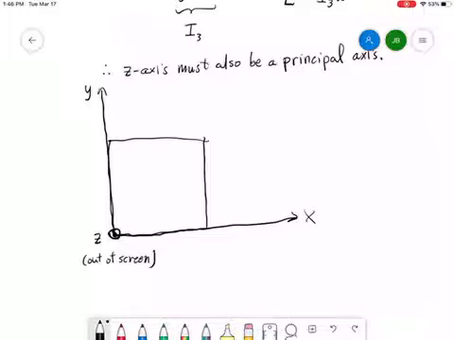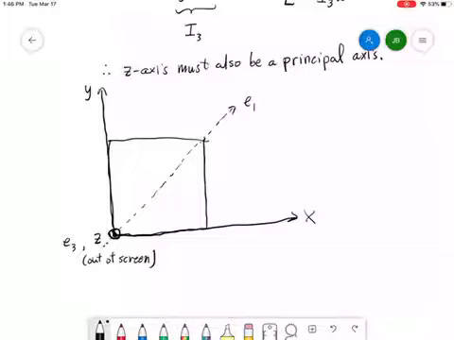Okay, so what we found is if we chose a diagonal, then we found that that was a principal axis. And so I'm going to label that as the E1 axis. We found also that the z-axis is a principal axis, and I'm going to call that the third axis. So one of the principal axes is coming directly out of the screen.